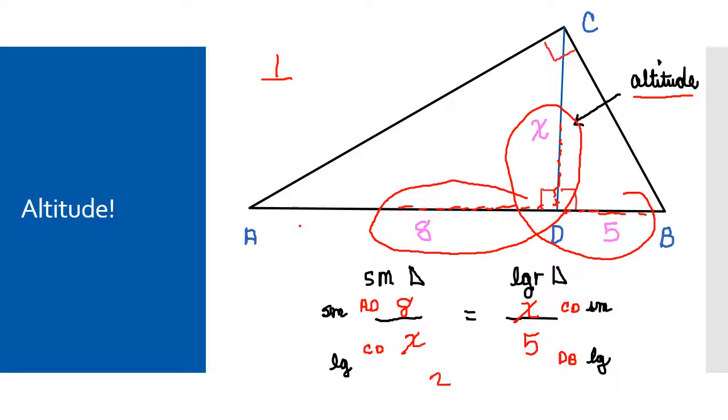We always have something squared. So we have x squared equals 40. And so x is going to equal the square root of 40, which ends up being 2 square root 10. Which of course you could actually do as a calculator evaluation, but I like keeping to the radicals here.